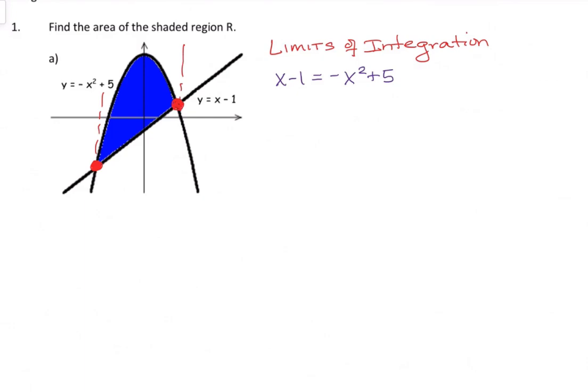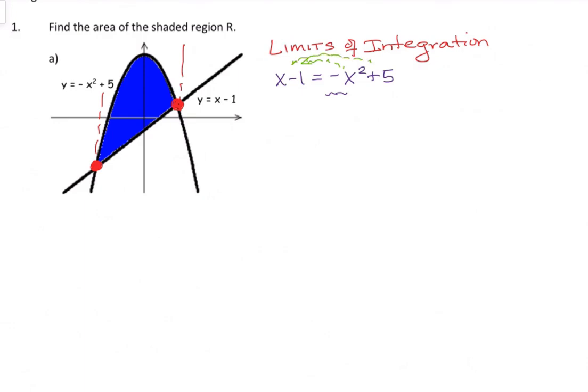Okay, so let's solve this quadratic equation. So I want everything on one side set equal to 0 so that I can factor it or use the quadratic formula if I must. So I like for my x squared term to have a positive coefficient. So that means that to get that, I'm going to move the terms from the right to the left.